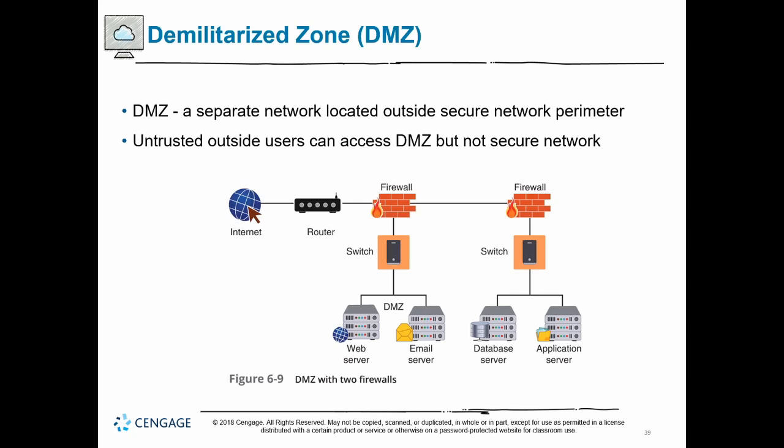So a DMZ is a separate network located outside your secure network, your perimeter. Essentially, it acts as an environment where untrusted resources can connect in. So untrusted outside users can access the DMZ, but not your internal secure network.